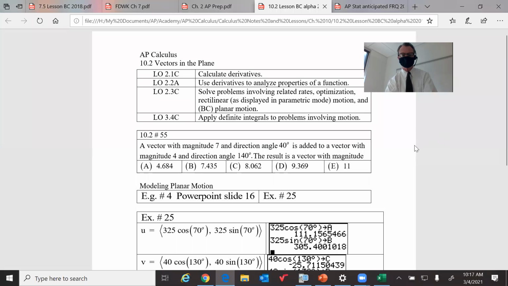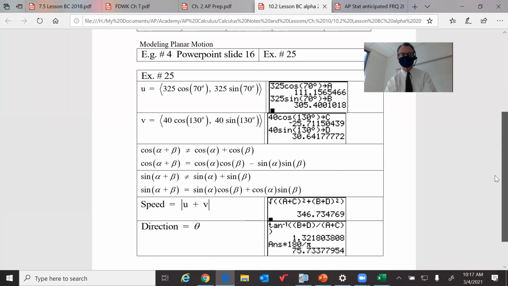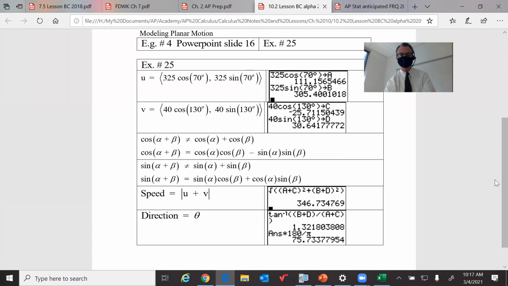Okay, so the answer is 346.735, 75.734 degrees. Okay, however, here's how we're getting there.